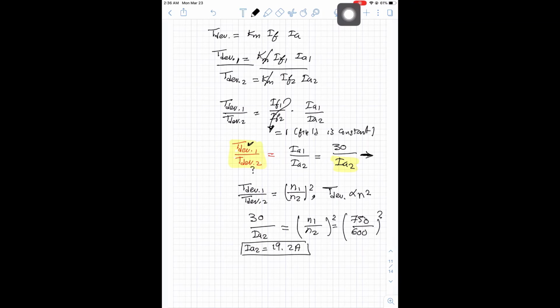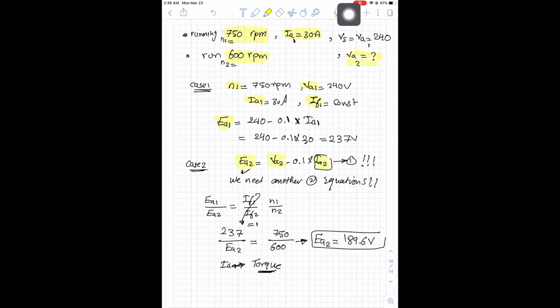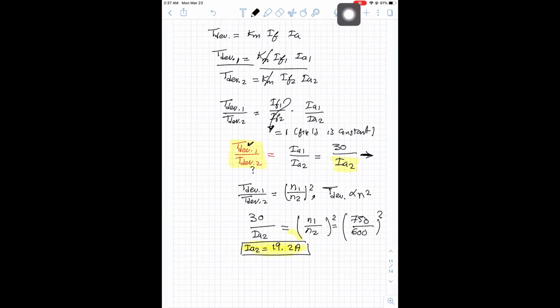Once we have I armature 2, we can go back to the previous equation. In this equation, we found E armature 2 to be 189.6, and I armature 2 to be 19.2. So the only unknown will be V armature 2, which equals E armature 2 plus 0.1 I armature 2.